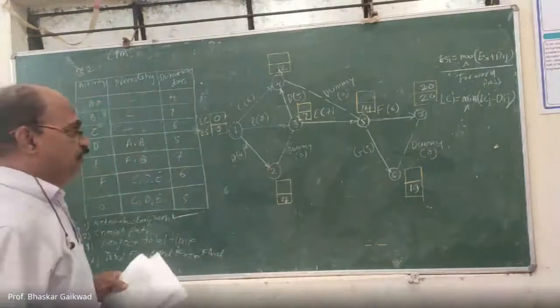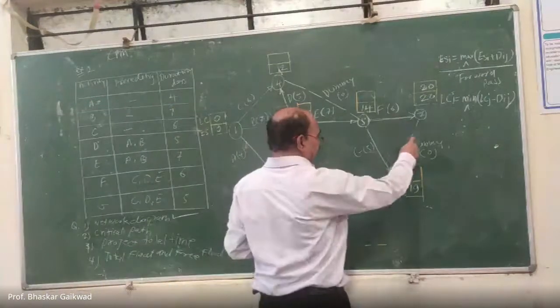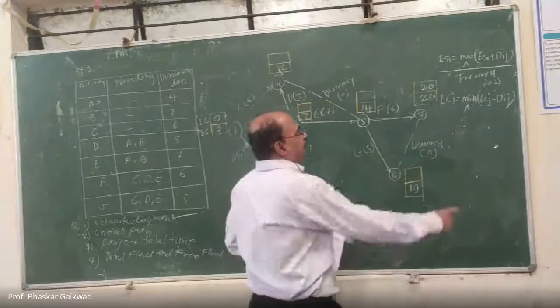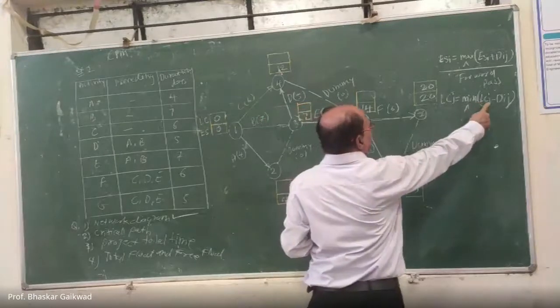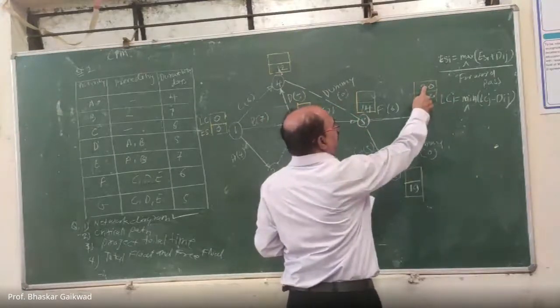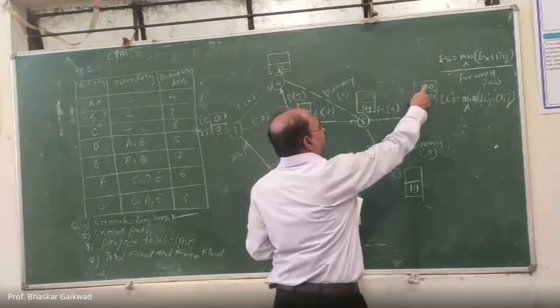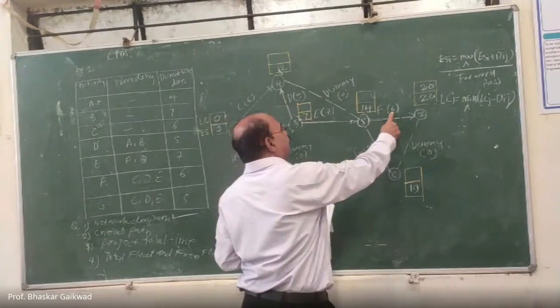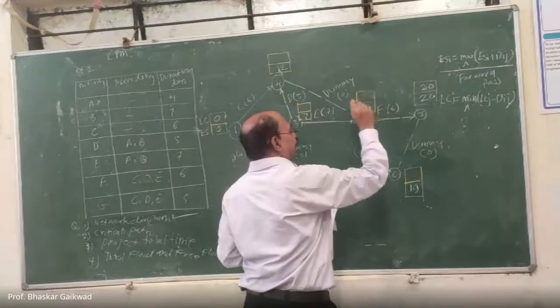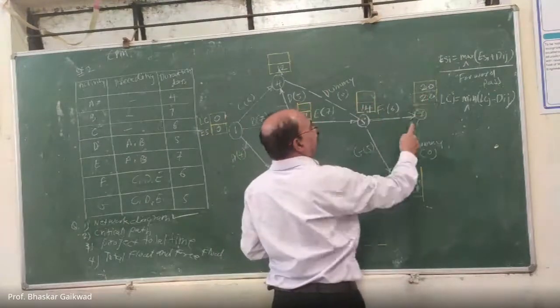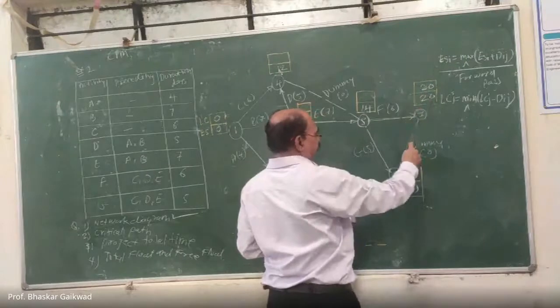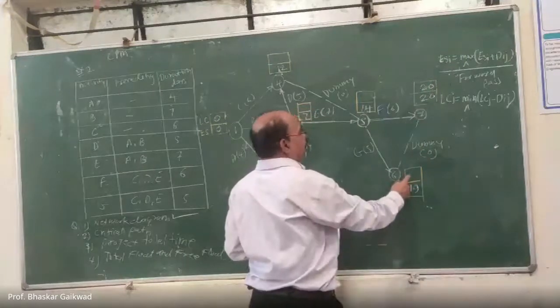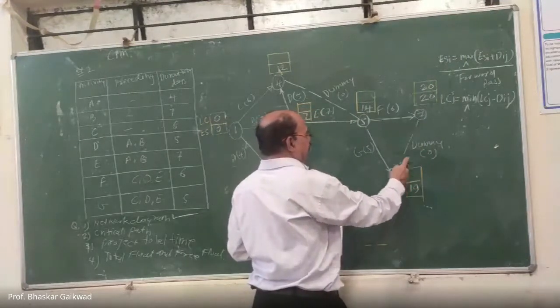Now here 2 activities are there once again. So what is the formula? LCJ means this, minus duration. So 20 minus 6, how much? 14. But if you select this, 20 minus 0, it will be 20. But this is the maximum and this is the minimum.